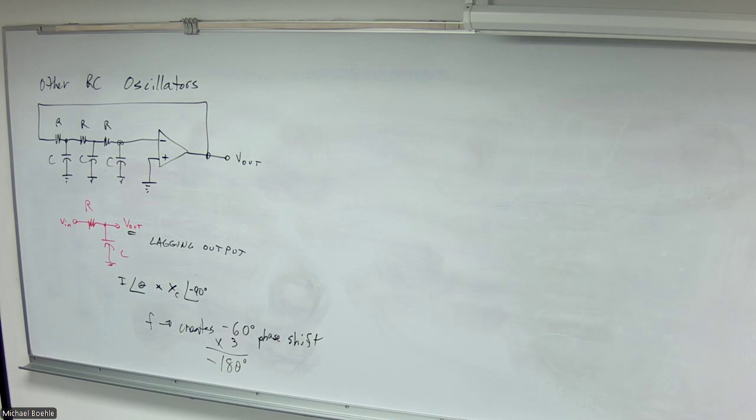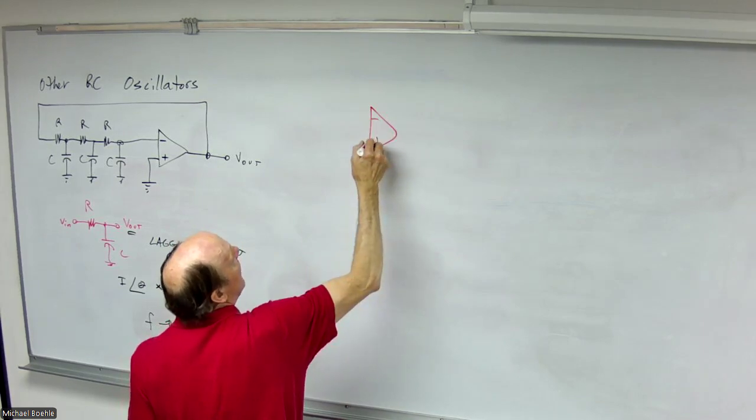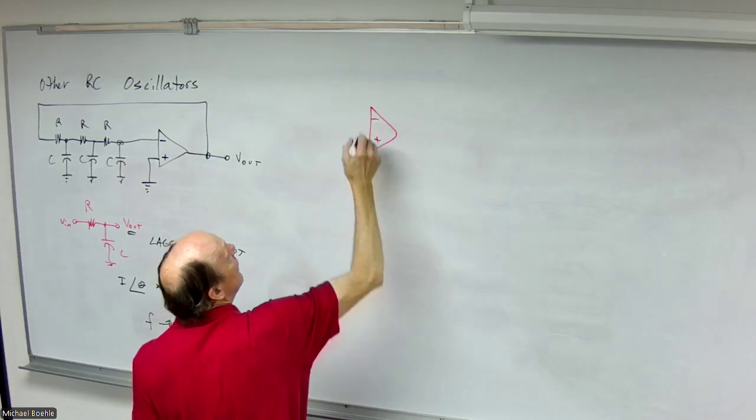So suffice it to say, what that did was that created a notch, a reduction in the feedback. Right? So with a twin T oscillator, I basically set up the same thing that I had before, except now I run that into the inverting input.